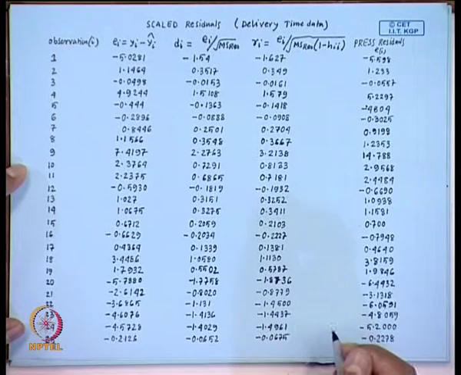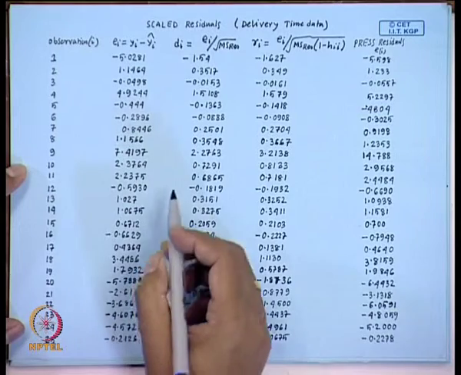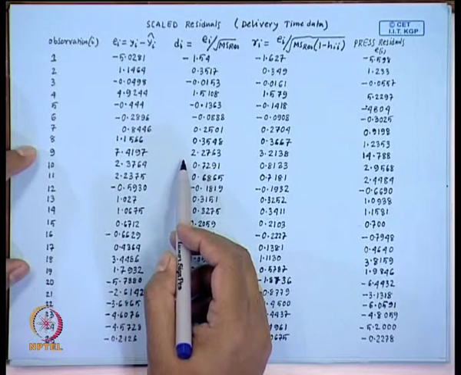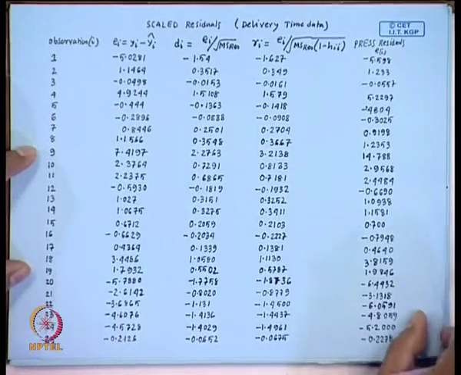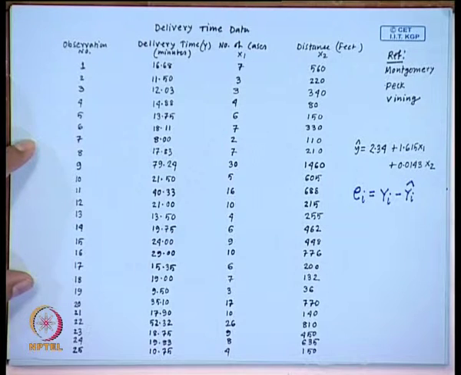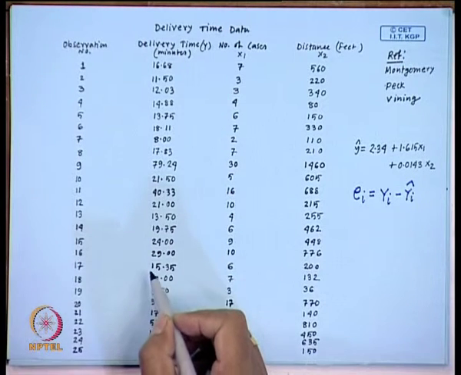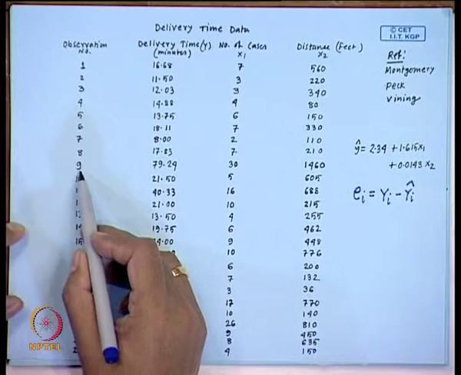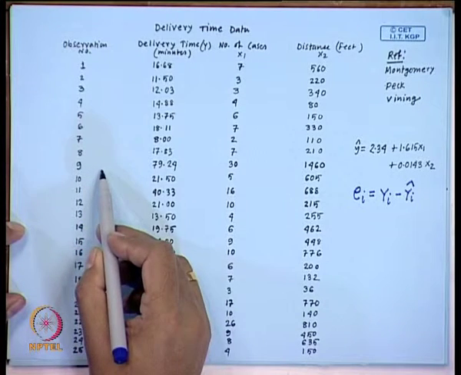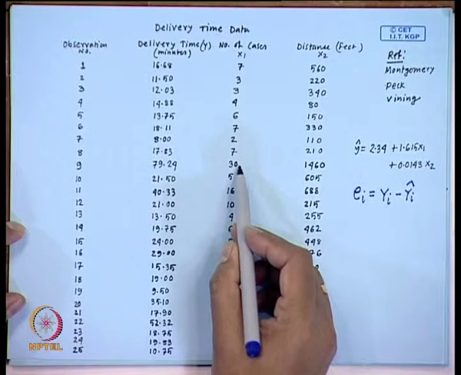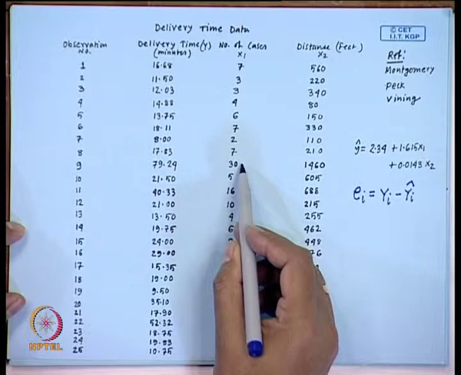Now, if we look at these observations carefully, first let me refer to the previous table. Here you can note that the ninth observation has an unusual x coordinate.